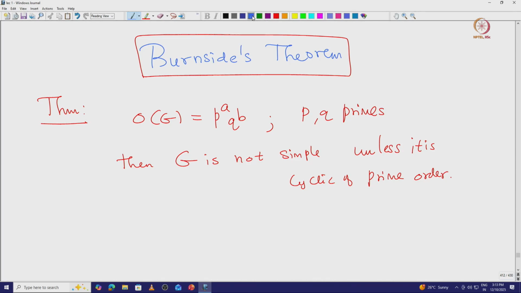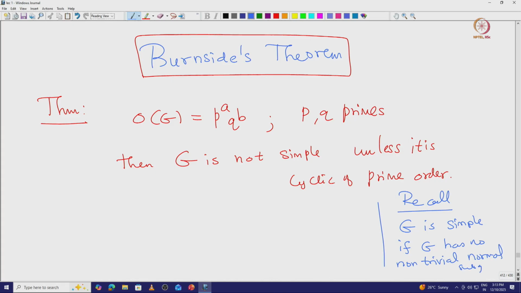Let me just recall here. G is said to be simple if G has no non-trivial normal subgroup. That is the definition of simple.